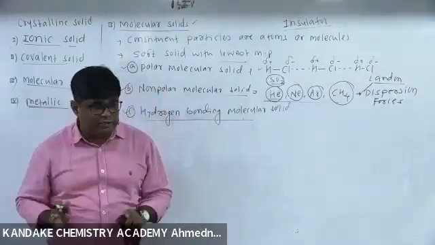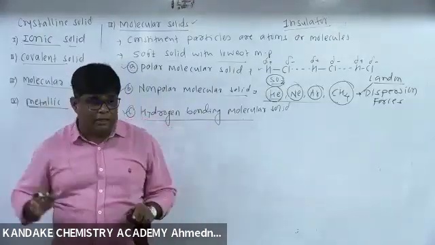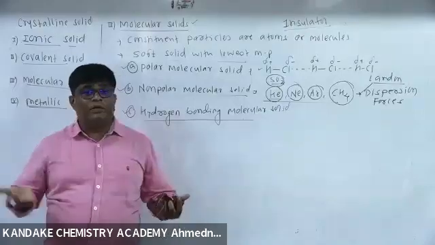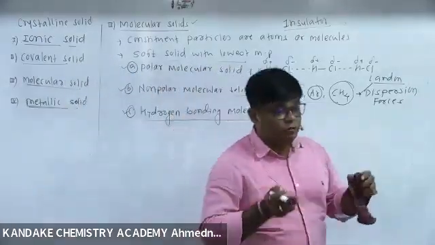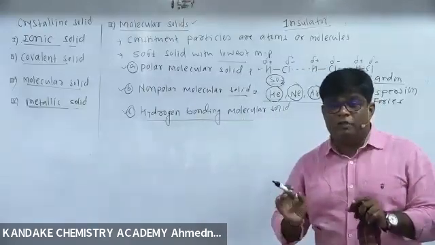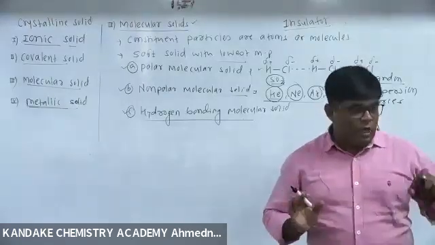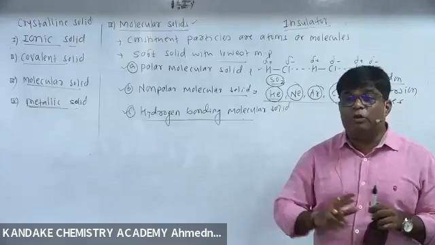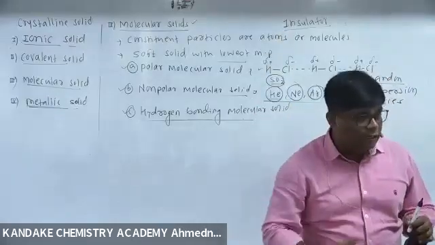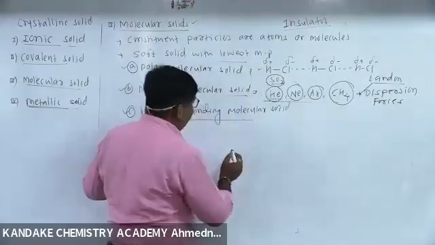These are the solids which consist of molecules as constituent particles, but when they form the solid, the intermolecular attractive force between them is due to hydrogen bond. Means intermolecular hydrogen bond. How many types of hydrogen bond? Two. One is intramolecular, the other is intermolecular. For example, hydrogen bonding molecular solid.